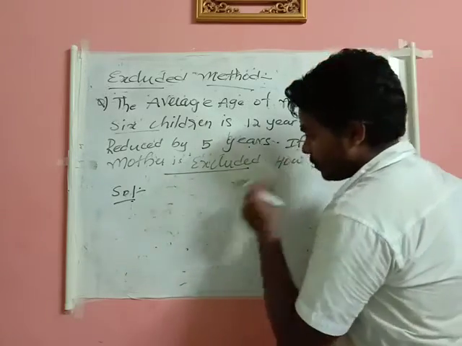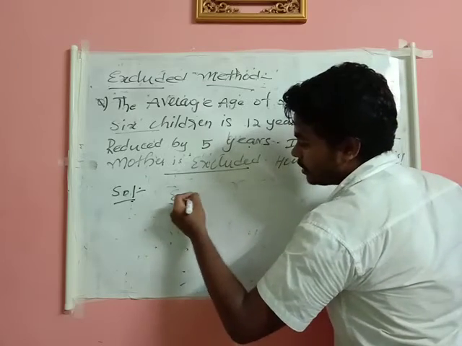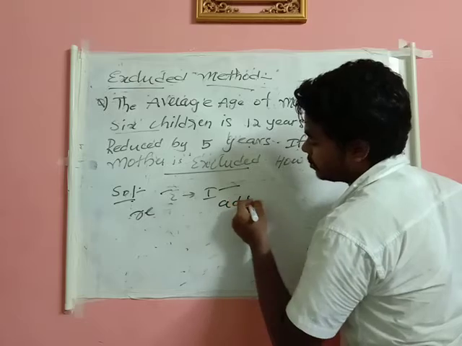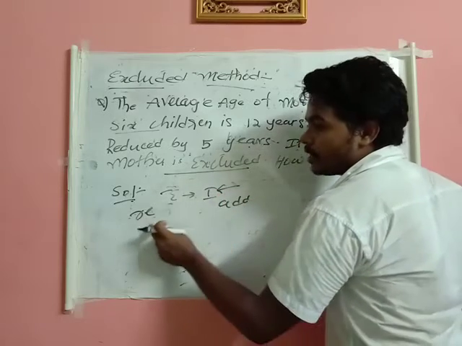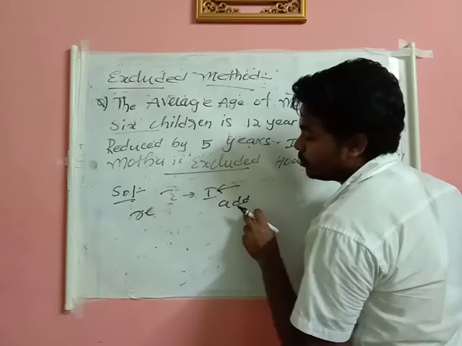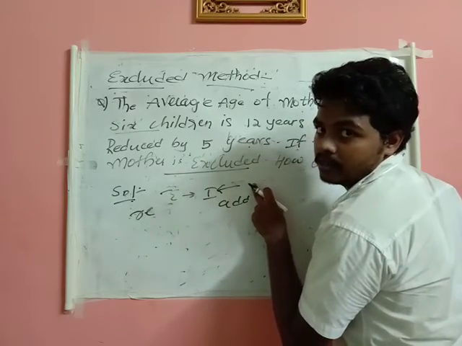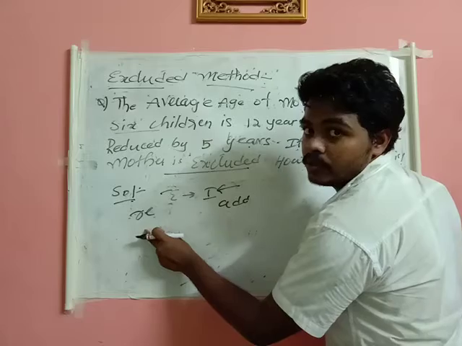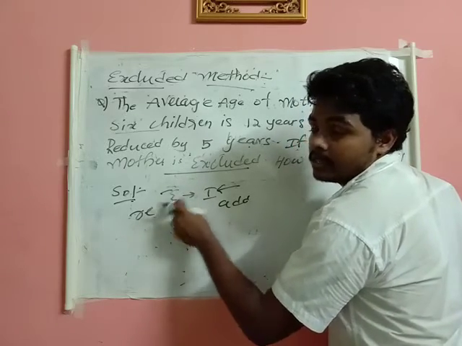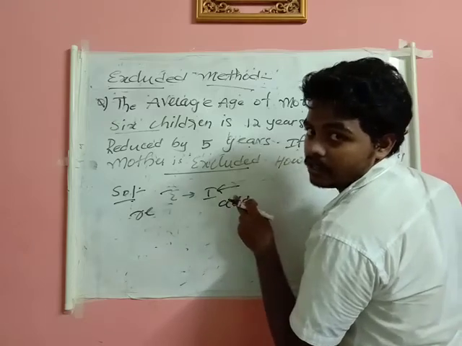Now see, what is the difference between excluded and included? Excluded means removing. Included means adding. So whatever we are removing in the excluded method, the same we have to add in the included method, right?